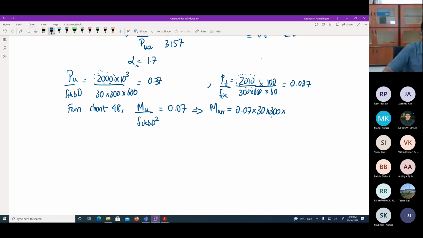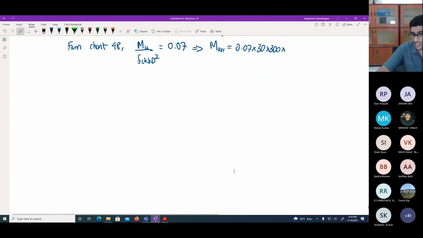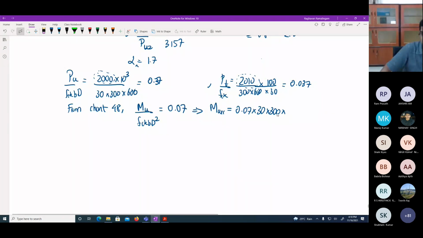Now you come to biaxial bending, so you should be careful what you use for B and what you use for D. Since this is Mux1, I will be using this as B and this as D. When you do Muy1, this will become D and this will become B. So that difference you should remember.